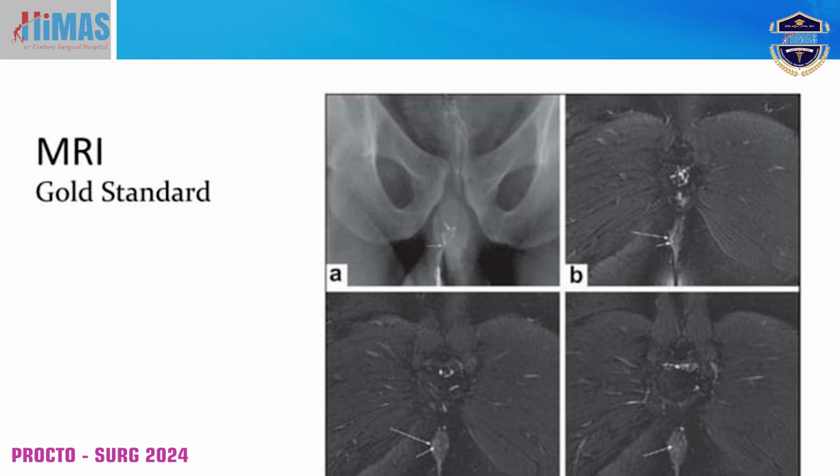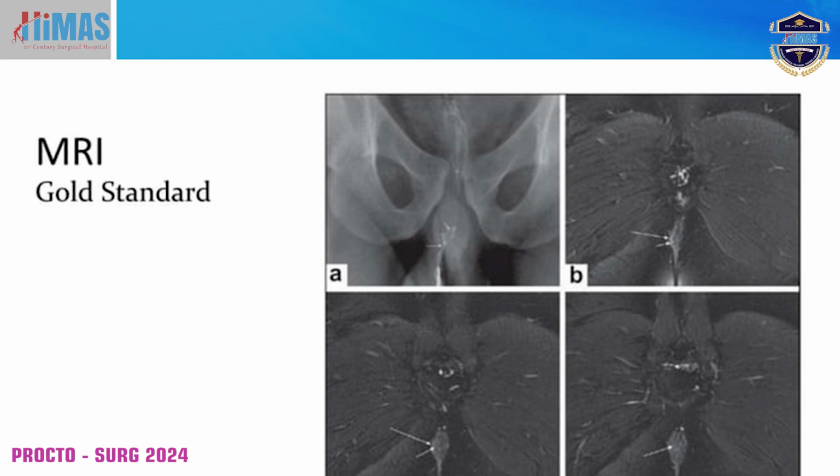As already discussed, we consider MRI for recurrent fistula, complex fistula and high anal fistulas. We order an MRI scan, and personally I discuss with the radiologist how to go about it. Otherwise, I don't accept any MRI scan just by a report.